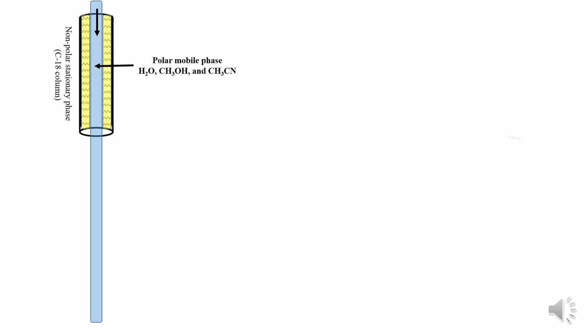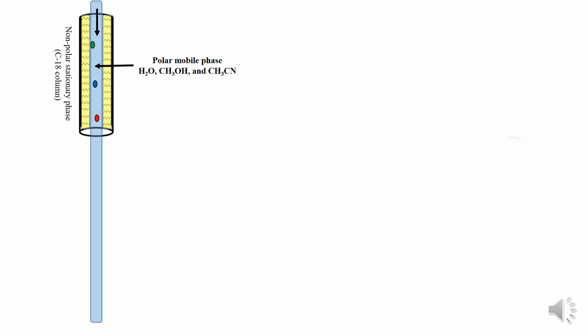Here the mobile phase used is a mixture of water, methanol and acetonitrile in varying proportions. When the sample mixture is injected into the multiport valve, the components travel at relative speeds as they enter the column along with the mobile phase.